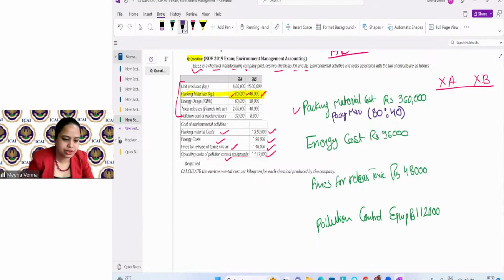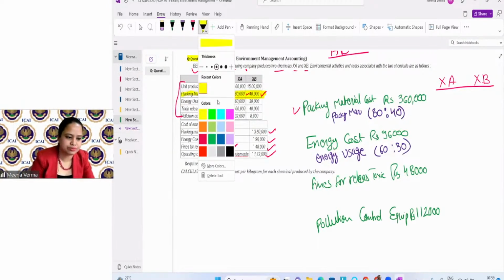All right. The next one will be allocated on the basis of energy usage. What is it? 60:30. So you will use the 6:3 ratio to allocate the second one.